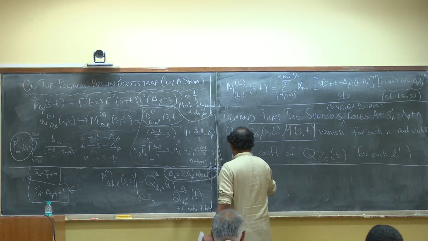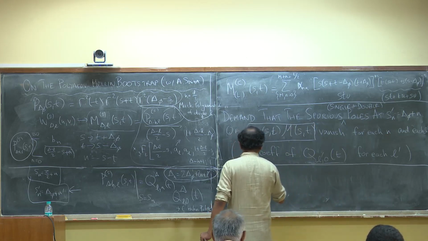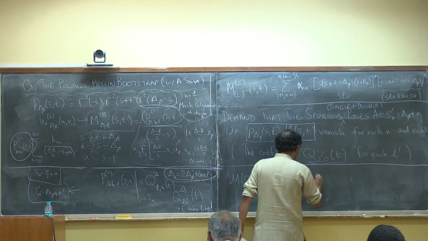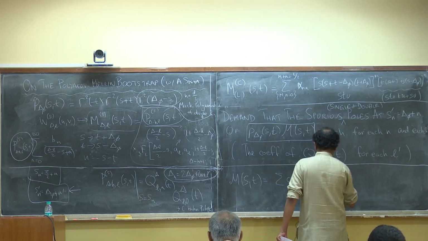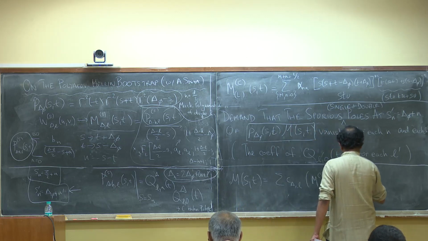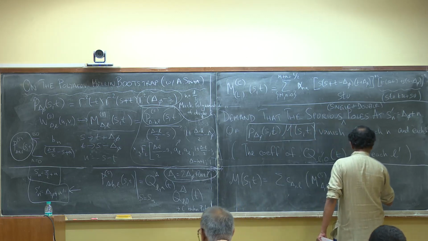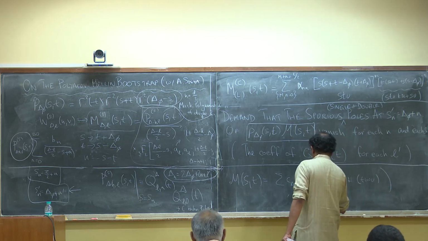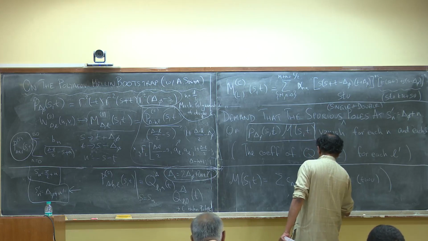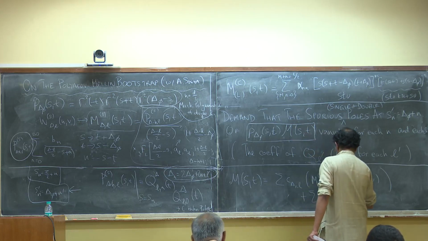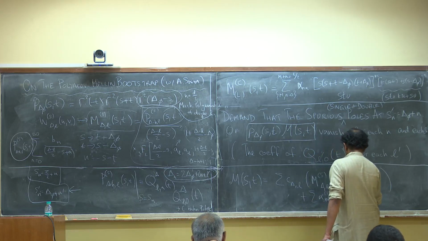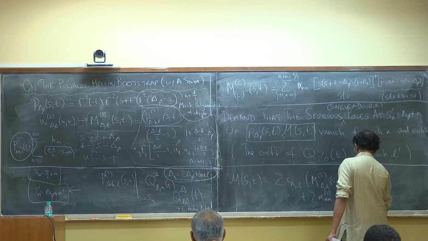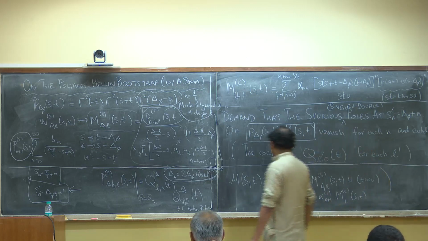Let me write this thing: I write the M of s,t as a summation of c delta L times m delta L of s,t, plus the t and u channel terms, plus the summation of alpha nm, these contact terms.